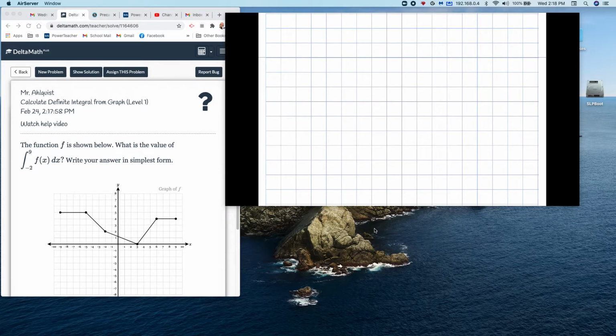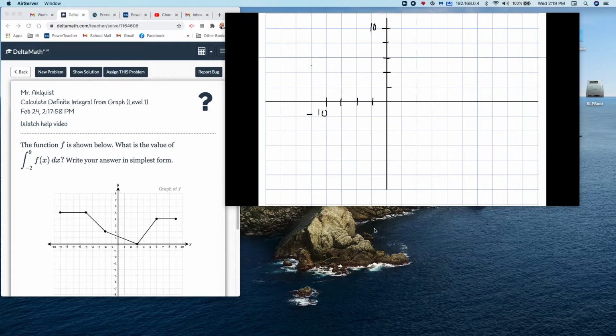So let's see. Got an axis here, and then it looks like go up 1, 2, 3, 4, 5, and all the way over. We'll say it's going by 2: 2, 4, 6, 8, 10. So that's negative 10. And 2, 4, 6, 8, 10. And so we're up here at 5.